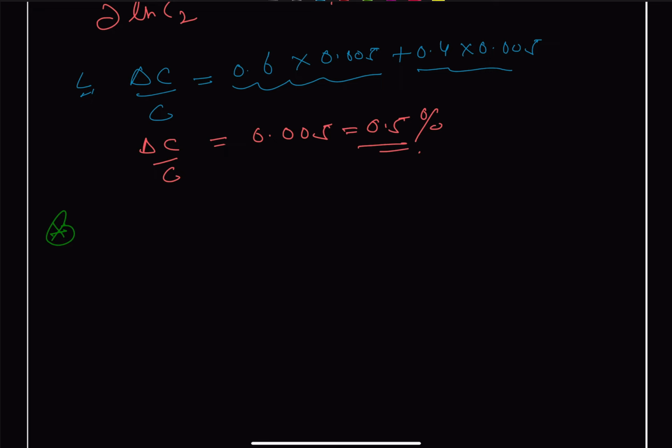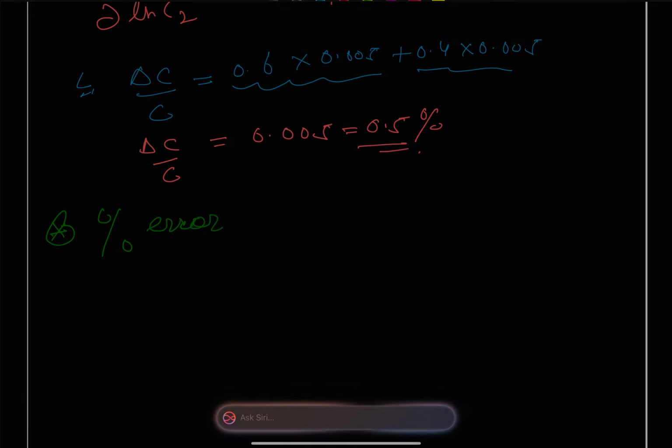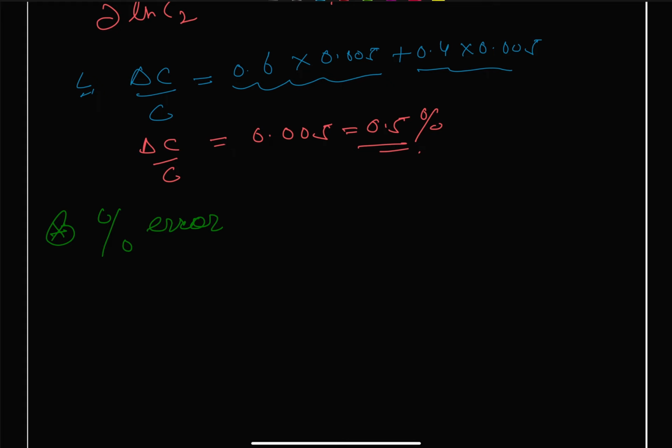Now we can easily do it for the energy. So we can say percentage error in energy stored, and the formula is given as E is equal to half CV square.